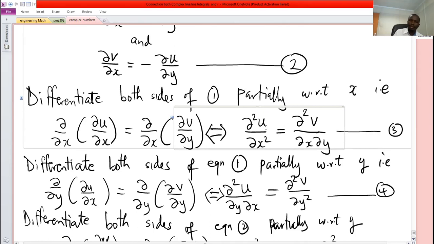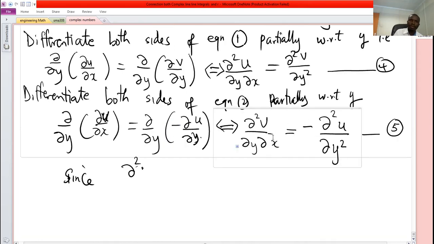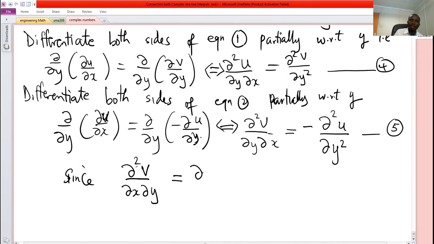So partial squared v partial x partial y is equal to partial squared v partial y partial x.